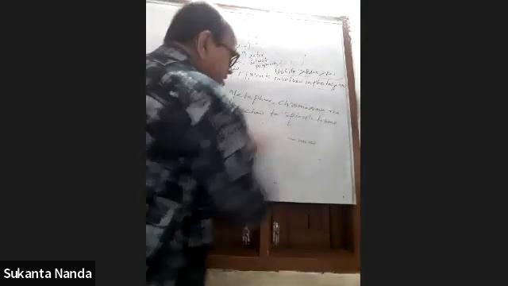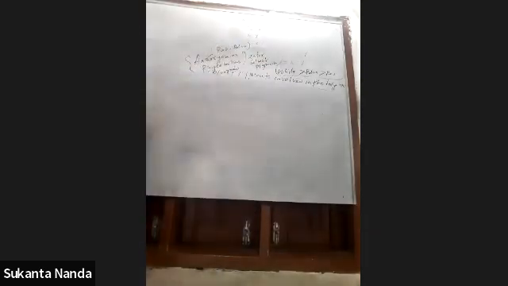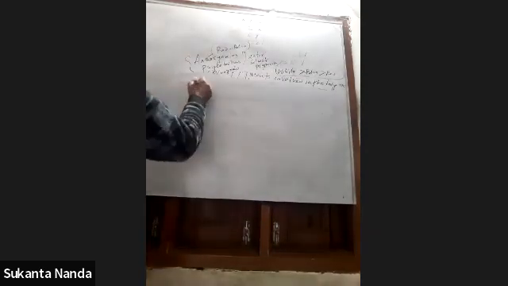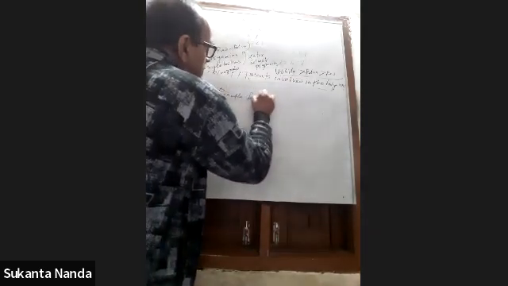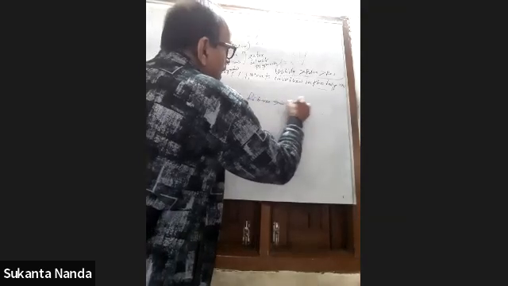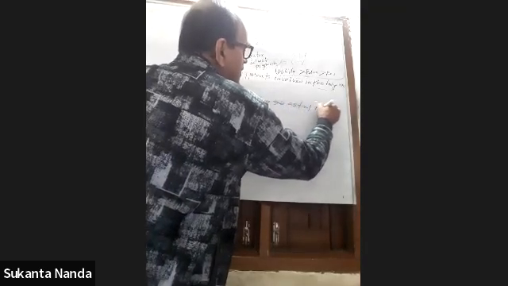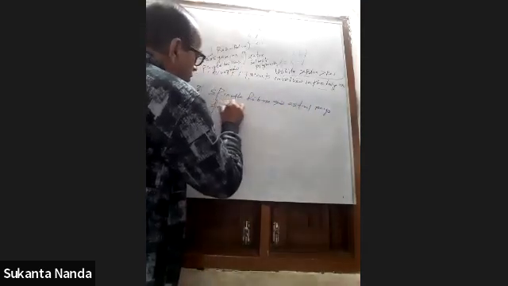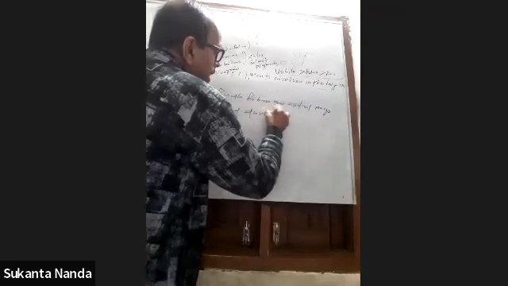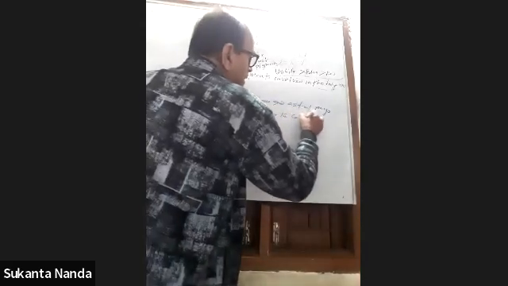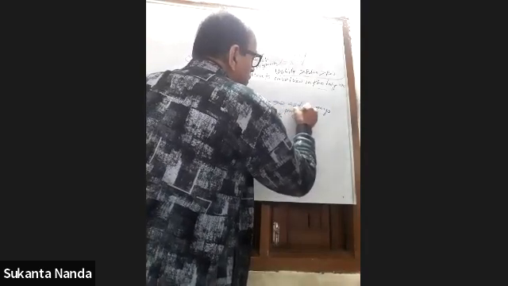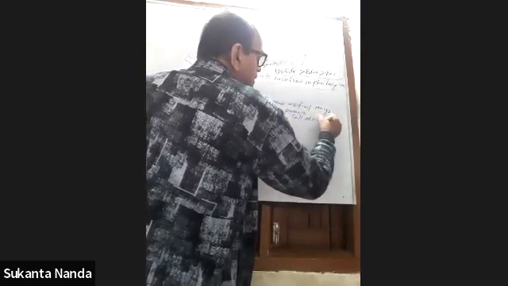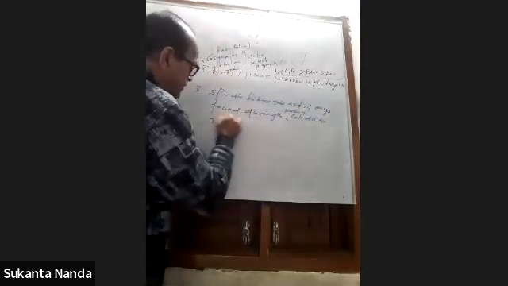Next question, students, question number 3. Spindle fibers and astral rays found during the process of cell division are made up of.